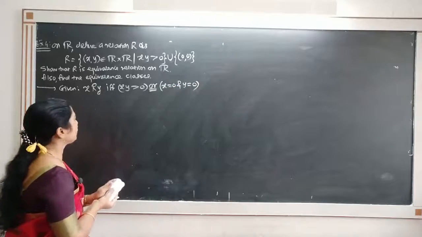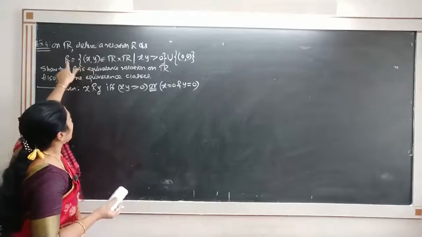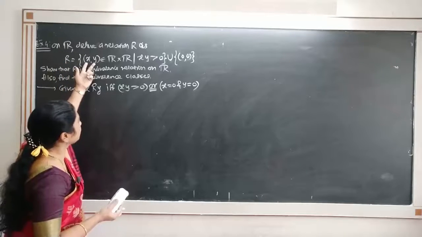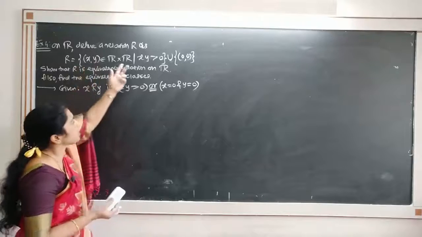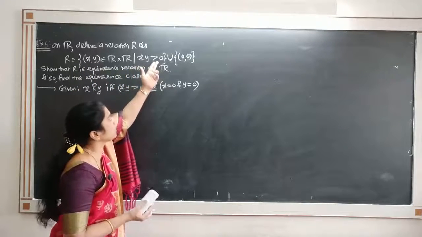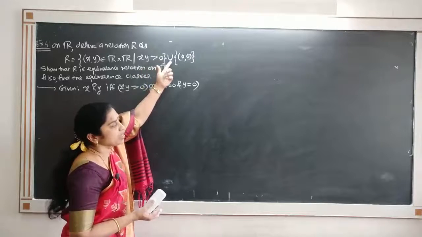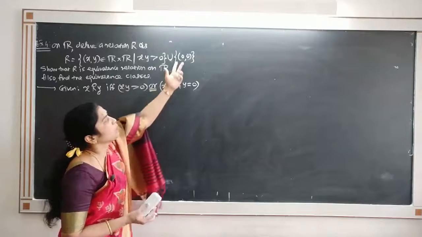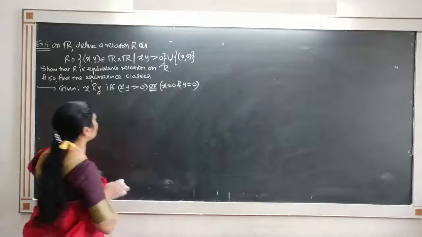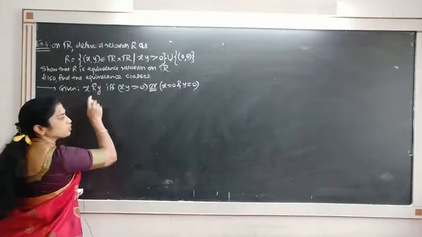The relation R consists of those pairs (x, y) where the product of x and y is positive, that is greater than 0, or the pair (0, 0), meaning x is also 0 and y is also 0. So this is the definition of R.